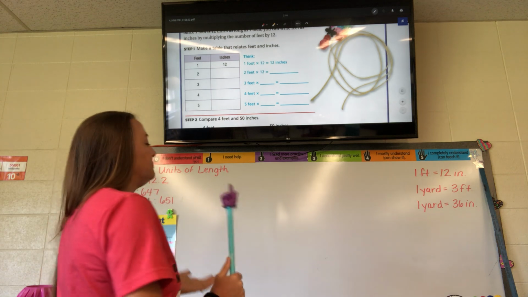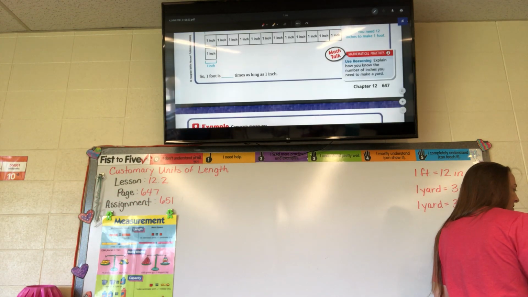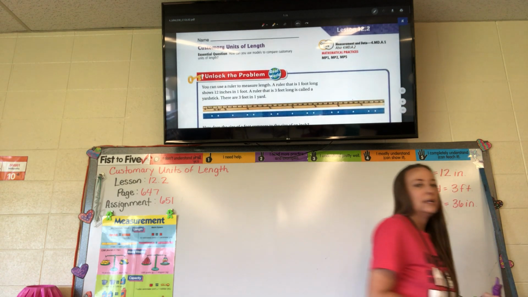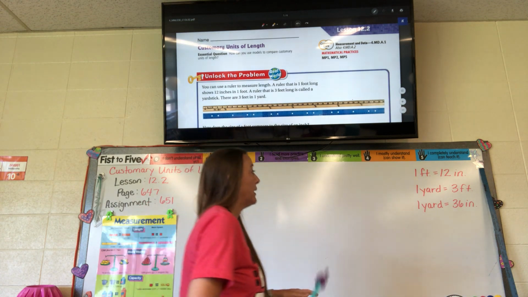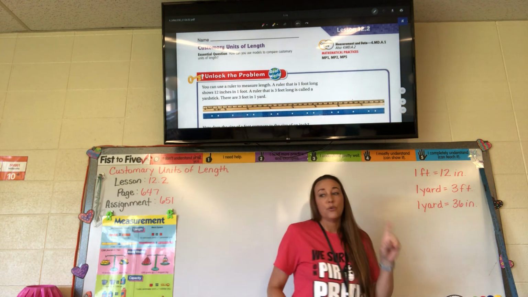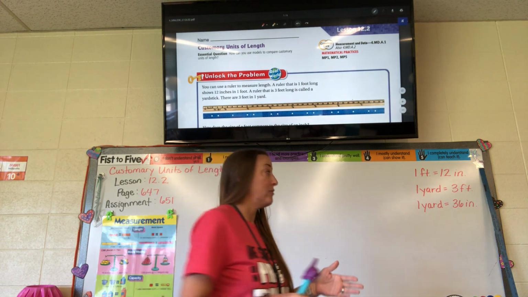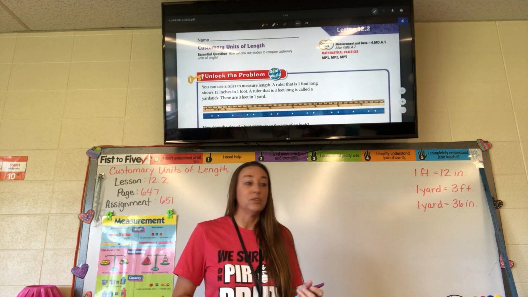Okay, so I have written down some units of length that you guys will probably be familiar with. So we measure length in inches. You guys have heard that term before. Feet and yards, and that's what we're doing today.